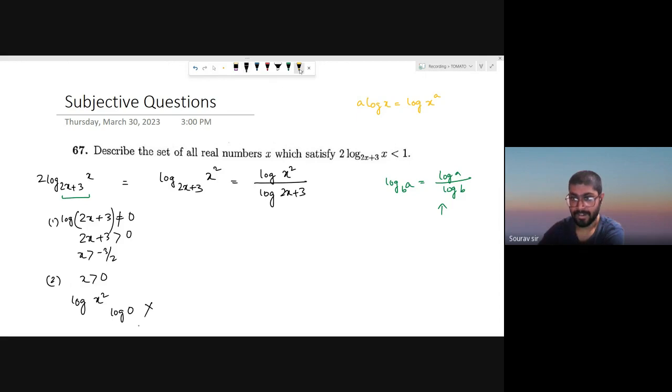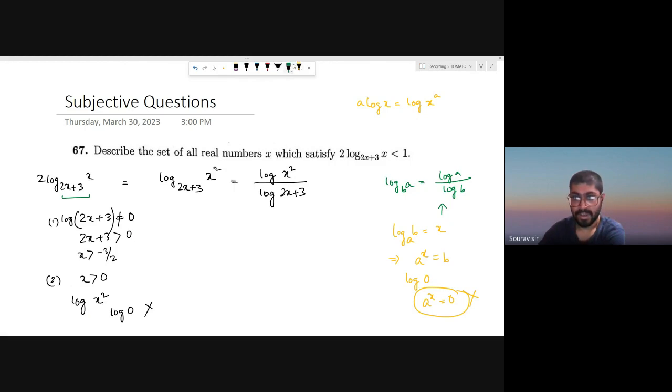Why? Because we know this property that log a base b equal to x implies a to the power x equal to b. Now, log 0 cannot be evaluated because a to the power x equal to 0 is not possible. So log 0 cannot be evaluated.